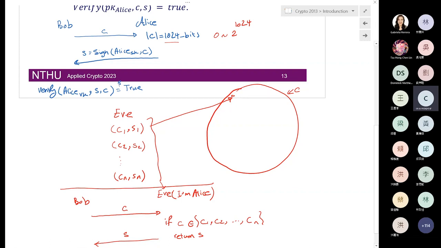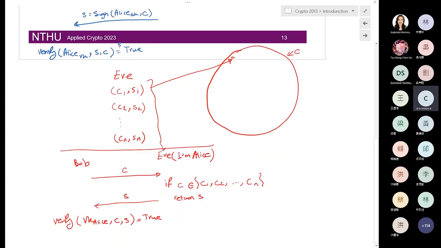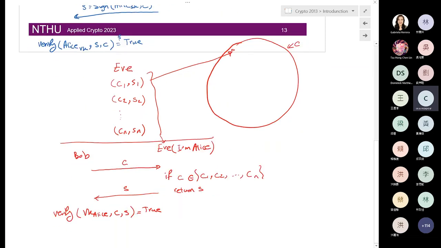After a reasonable amount of time, Eve would only be able to observe a very tiny portion of this entire set of C, and that whole observation would not really help.